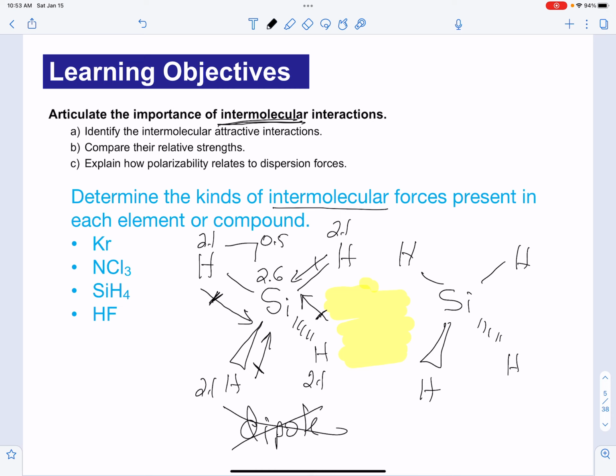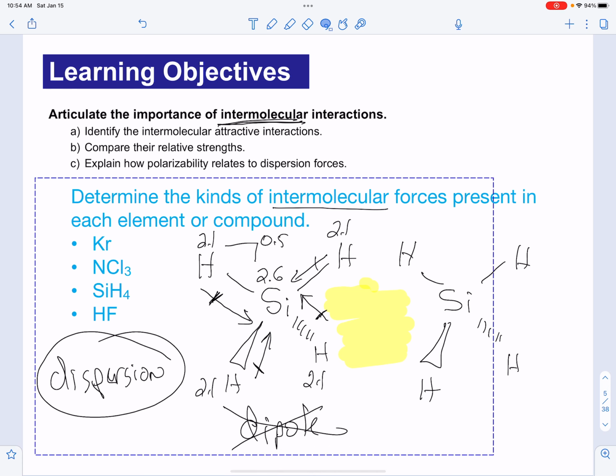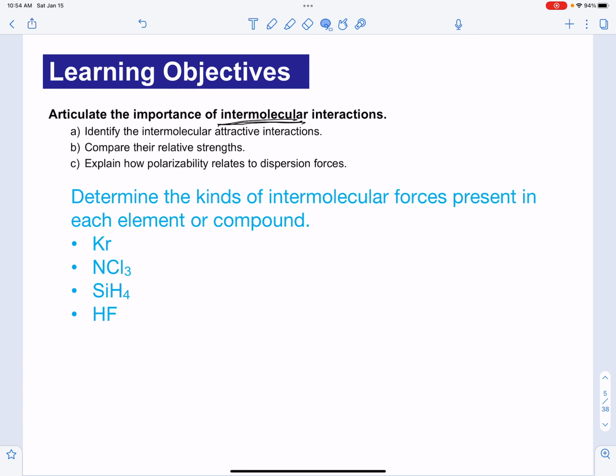So the only thing that you have going for it is dispersion. Because if it's not a dipole, it's not going to be hydrogen bonding. Hydrogen bonding is a special type of dipole, a super dipole. So far we have dispersion for this one, dispersion and dipole for this one, dispersion for this one, and we already see this one.